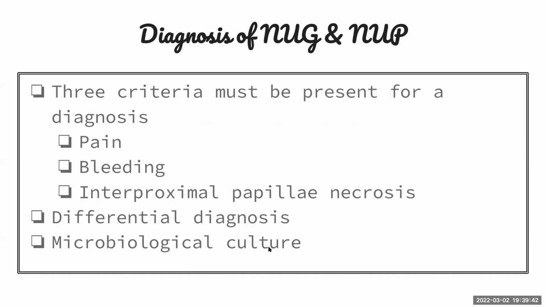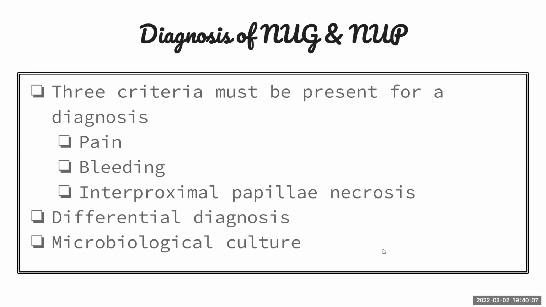Three criteria must be present: pain, bleeding, interproximal necrosis. Differential diagnosis, what does that mean? You want to rule out what it isn't. So that would be, what would it be?